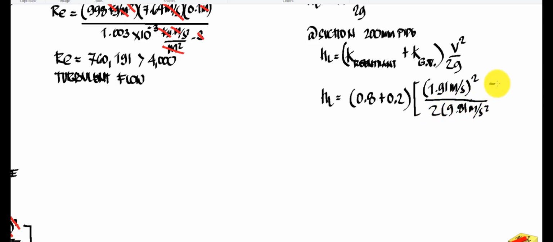The units cancel out, and we have the units of meter. So the minor head loss is usually 0.185 meter. I'm going to round this off to 0.2 meters.